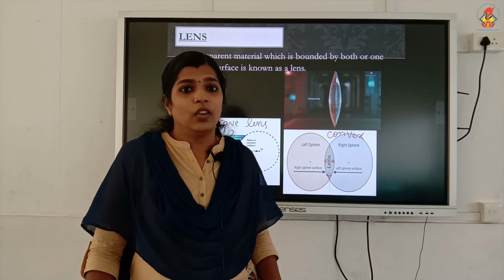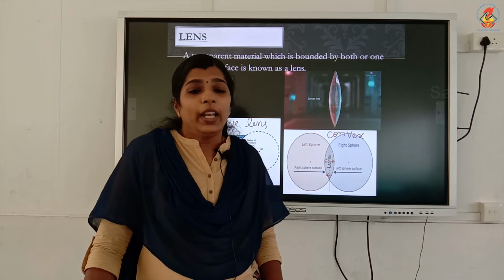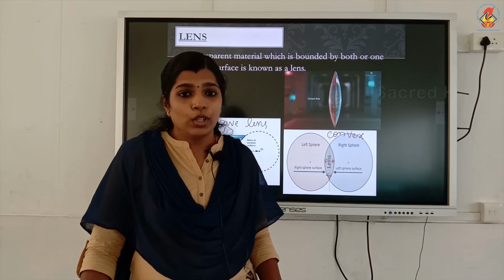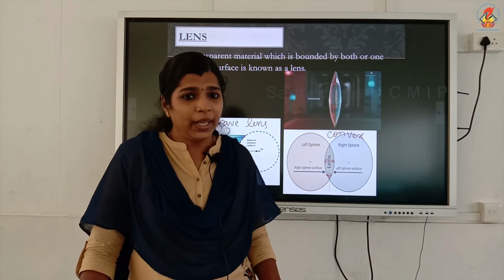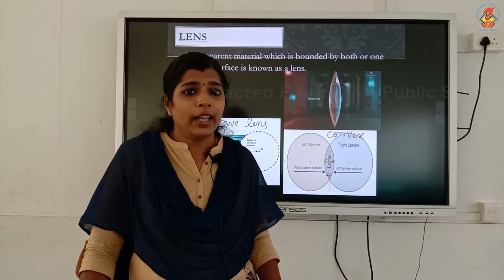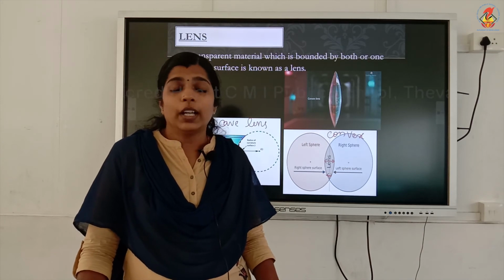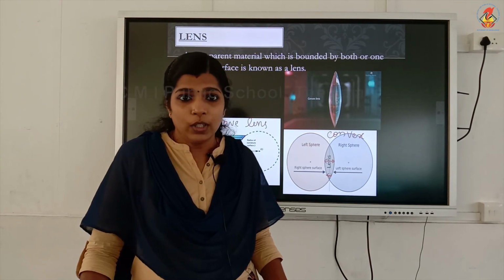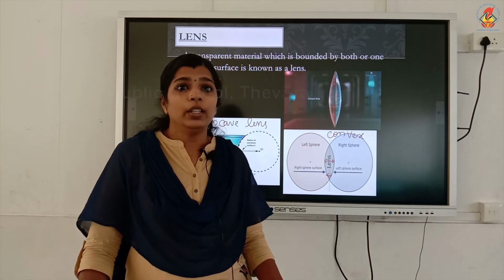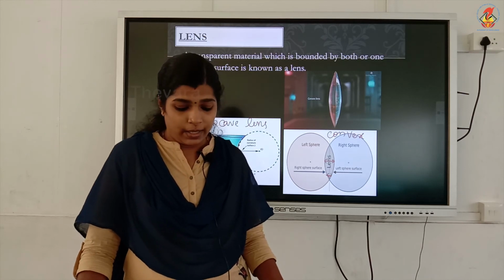Convex lens is known as converging lens because when light ray passes through it, it will suffer a bending and all the light rays will meet at a point. Concave lens is known as diverging lens.